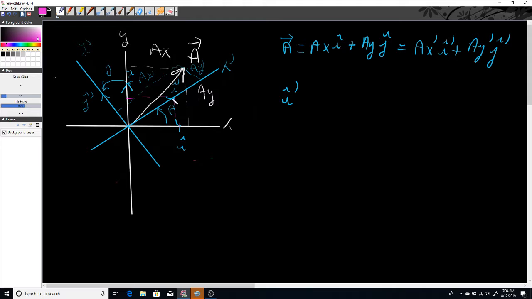Now this x component is i times the cosine of theta, and the y component is j times sine of theta.